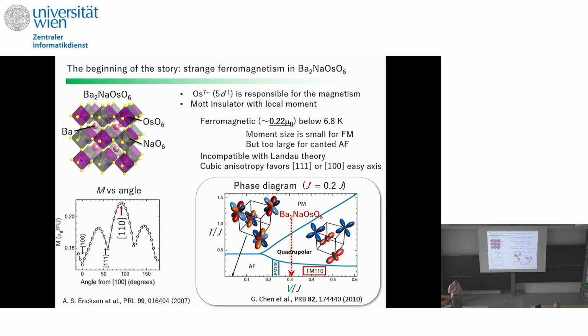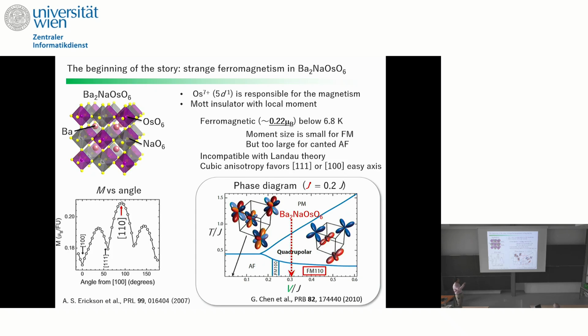As far as I know, the multipolar order business of 5d elements started from this prototypical compound, Ba2NaOsO6. Firstly, in 2007, strange magnetism was found in this compound.